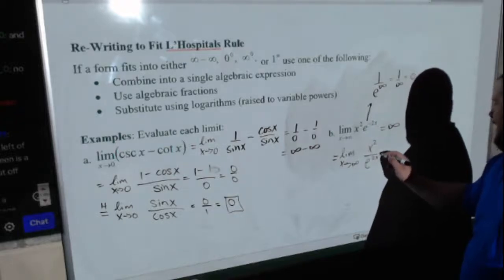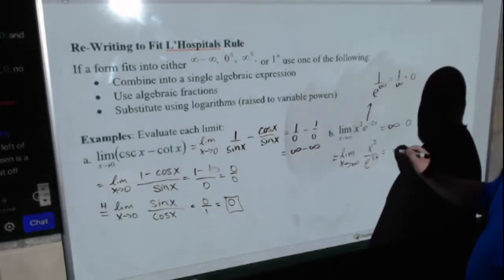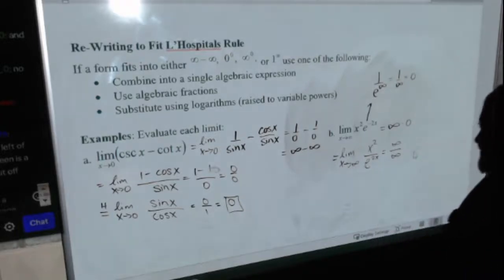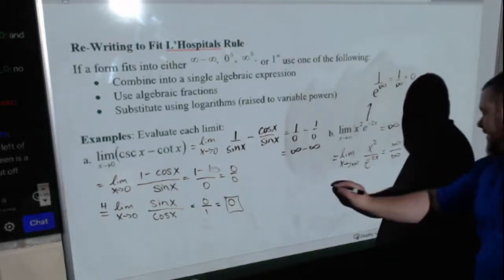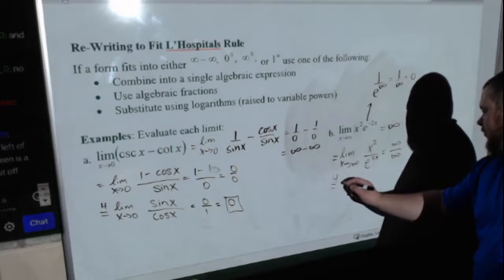Just by doing that, when I substitute infinity now, I would get infinity over infinity out of this thing. And so I've created a situation where I can go ahead and use L'Hopital's rule.